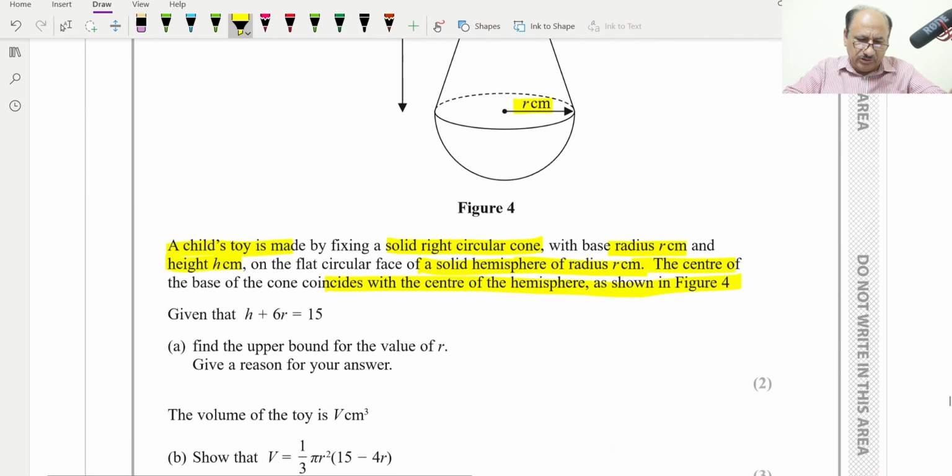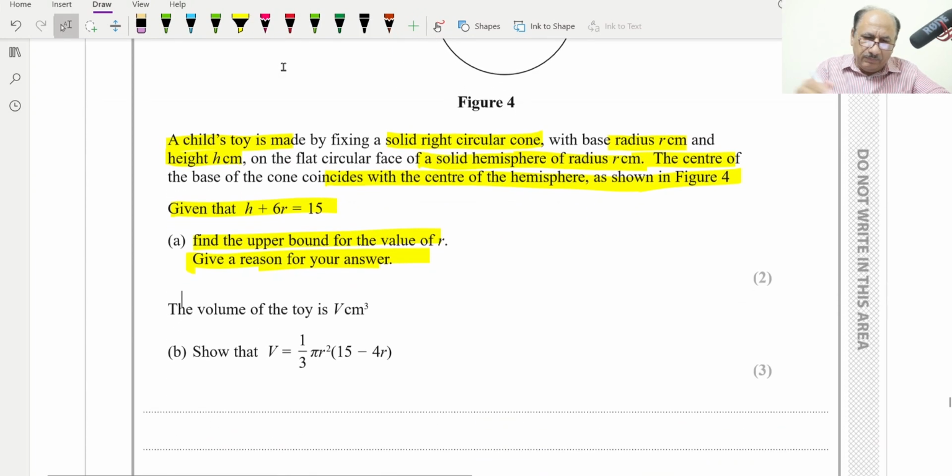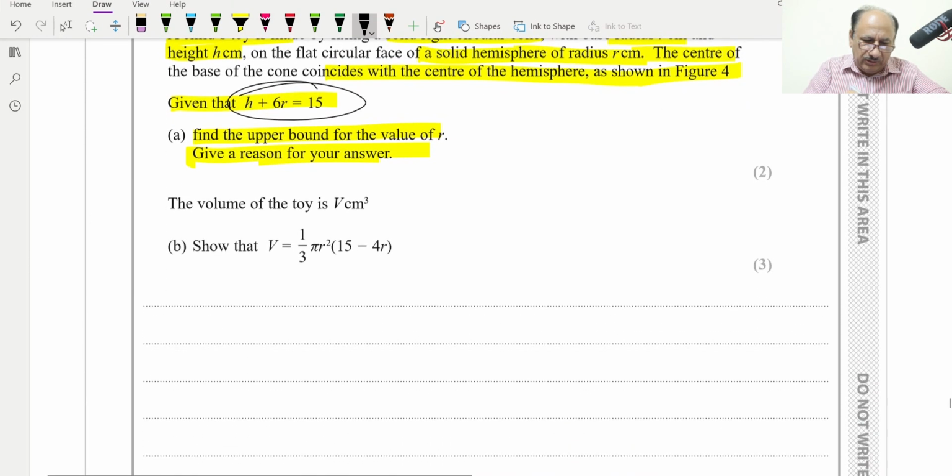Given that h plus 6r is equal to 15, find the upper bound for the value of r and give a reason for your answer as well. So we will be utilizing this condition h plus 6r is equal to 15 for this part.